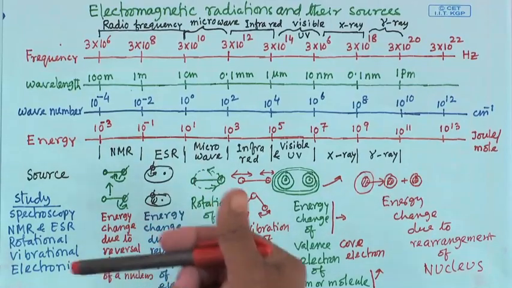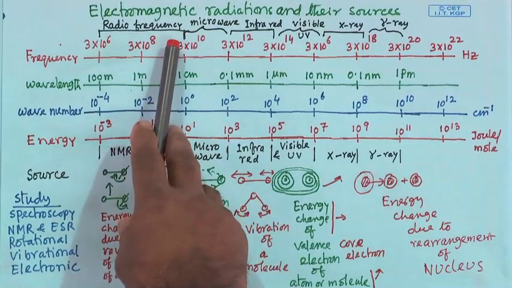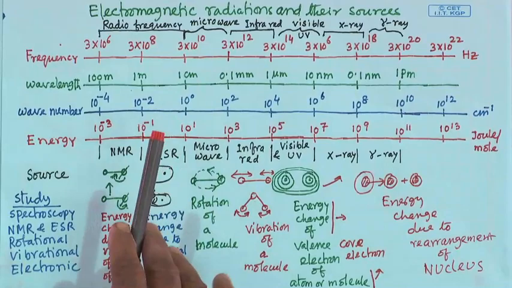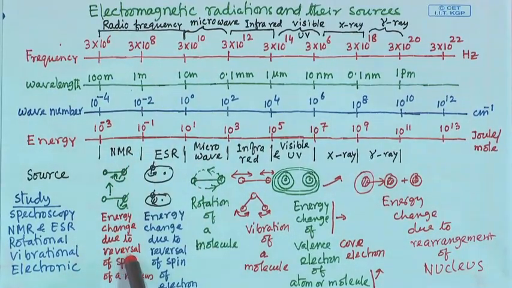So this is the source of radio wave. Although it is an electromagnetic wave, it is called radio wave, and its source is the energy change due to the reversal of nuclear spin or electron spin.